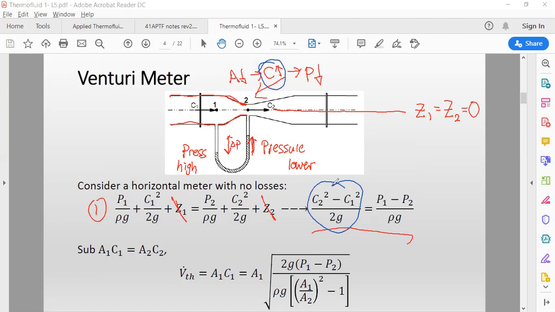Maybe I will just open another slide to show you the derivation.